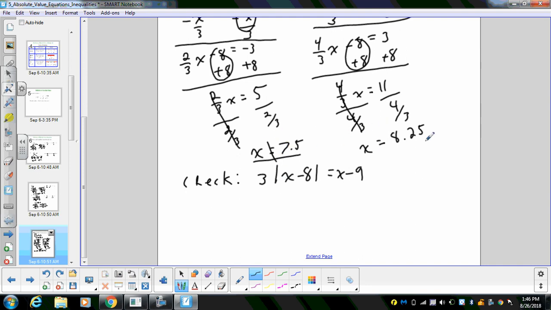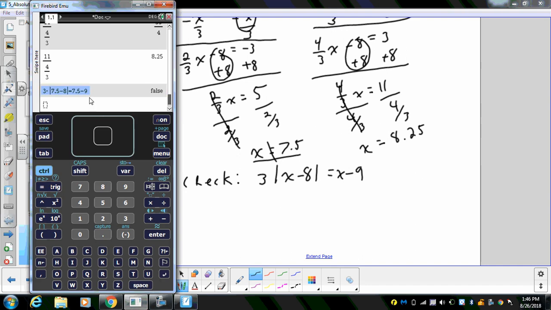So now let's try this guy. And a trick to doing this, if you just scroll up to the equation you just wrote, make sure it's highlighted, hit enter, it recopies the exact same thing you wrote, and now you can just go back with the arrow keys and delete the first solution. So I'm going to delete 7.5, and I'm going to type my second solution, which was 8.25.